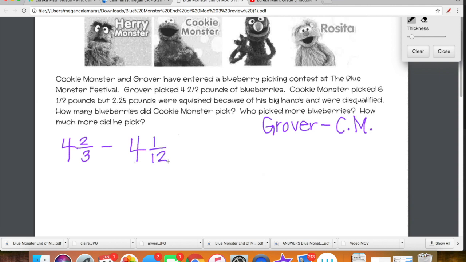Is that what we got? 4 1/12. I think so. Okay. We need to figure out how much more blueberries did Grover pick than Cookie Monster.